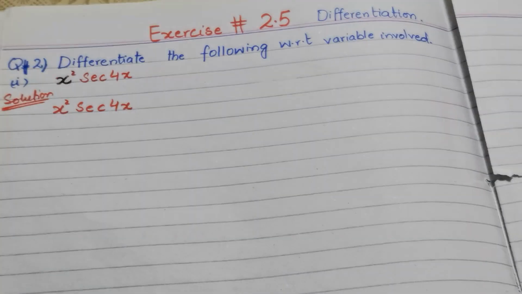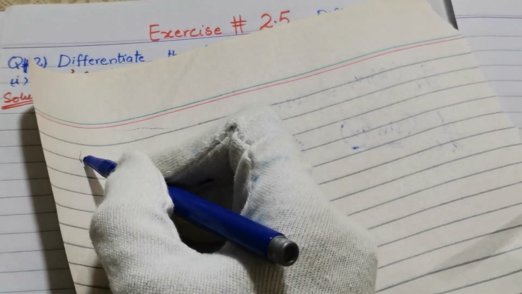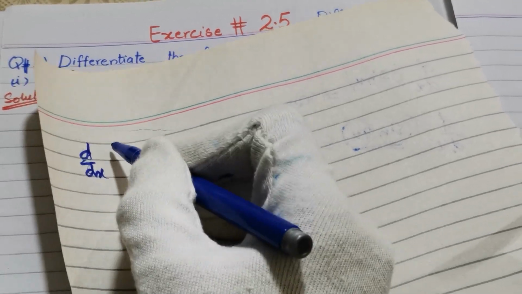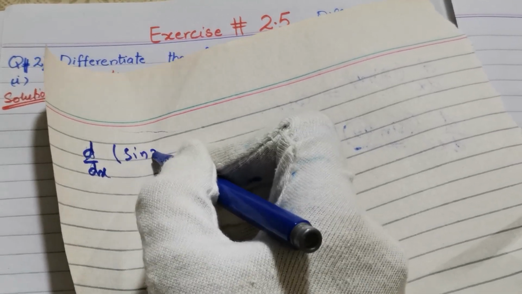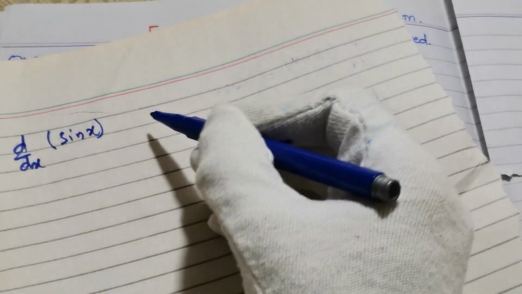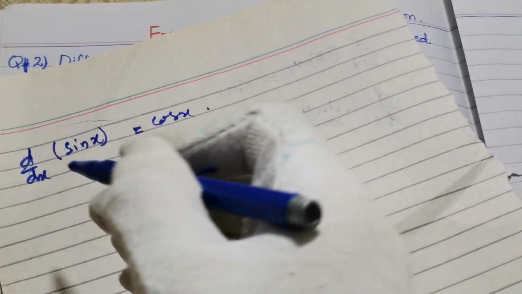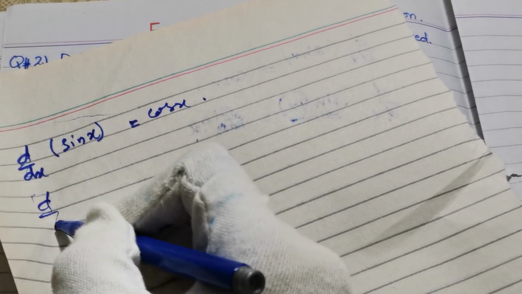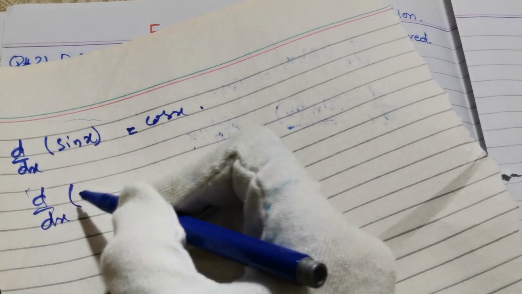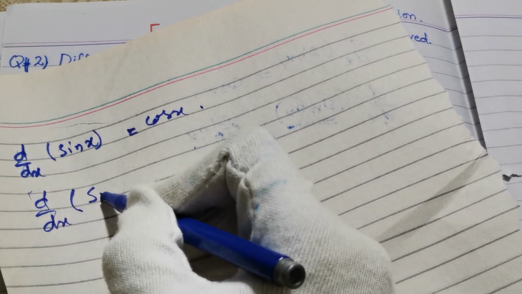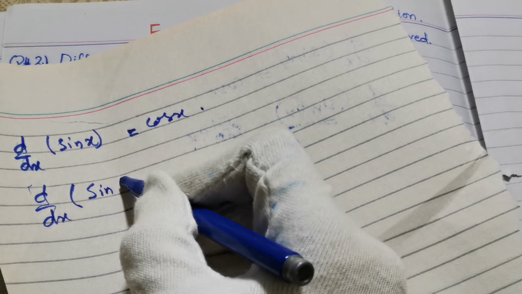Now if we are given the derivative of simple sin x, it means derivative of sin x is equal to cos x. Now derivative of sin 3x.